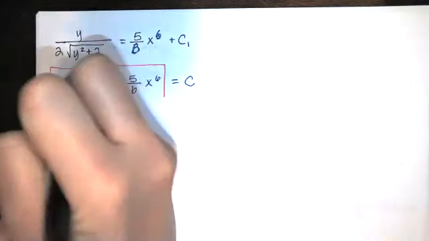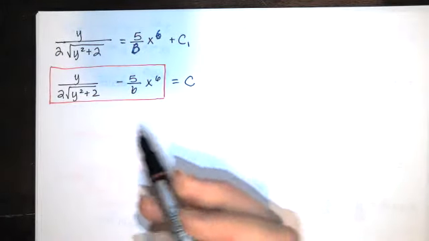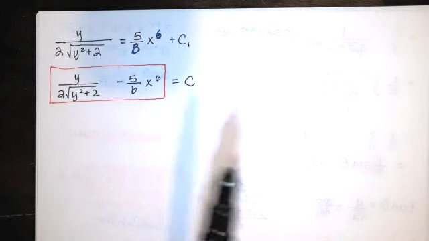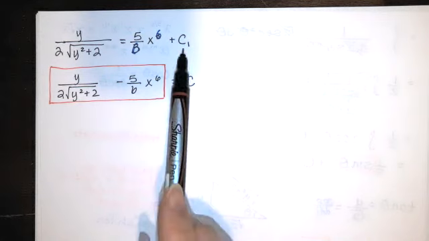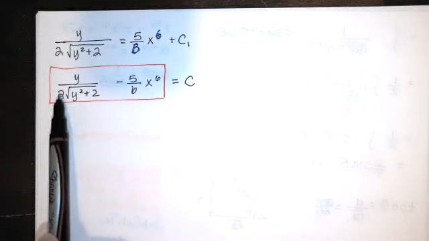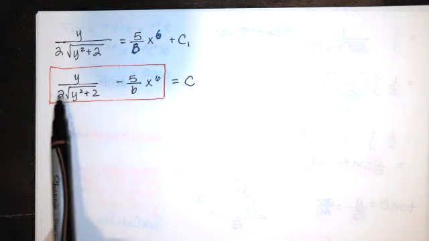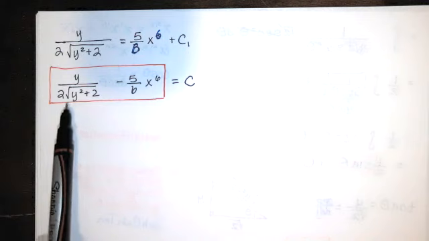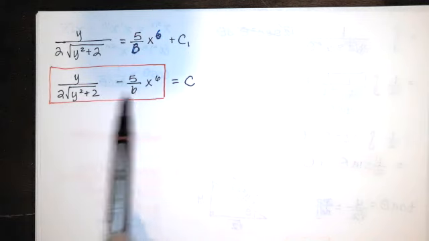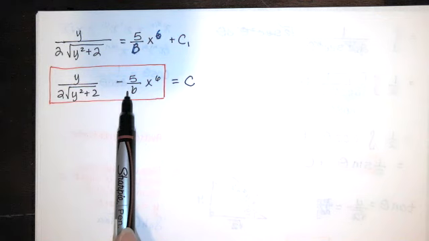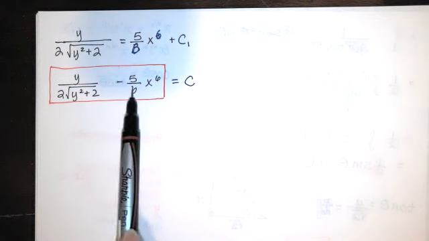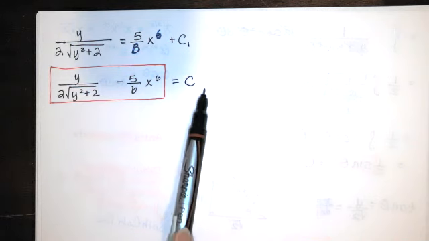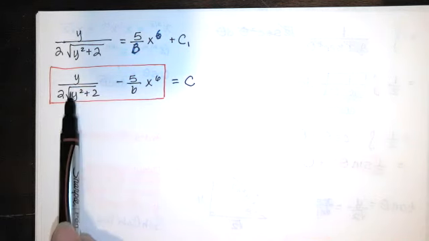Now, due to the nature of this solution, there are lots of different ways you could write this. If you wanted to get rid of the 2, you could multiply the whole equation by 2. And then 2 times c1 could be that c. Or if you wanted to get rid of the fractions entirely, you could multiply the entire equation by 6 times the square root of y squared plus 2, but then the square root of y squared plus 2 would end up over here with the c, so we don't want that.